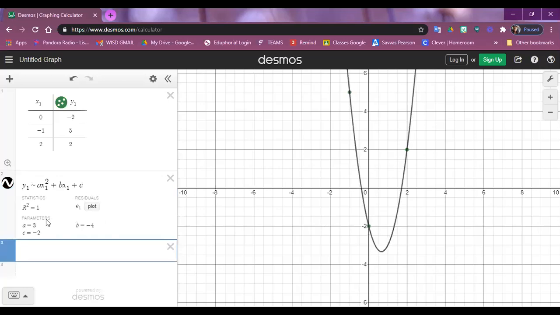And we're done. So it tells me what my a equals, what my b equals, what my c equals. And if I know my a, b, c, can I write my equation? Why, yes, I can. We have a equals 3, b equals -4, and c equals -2.